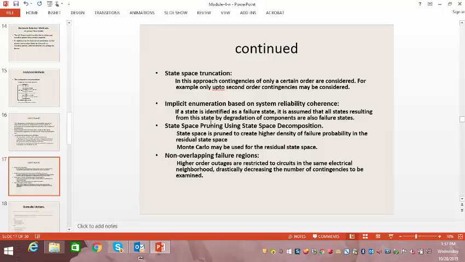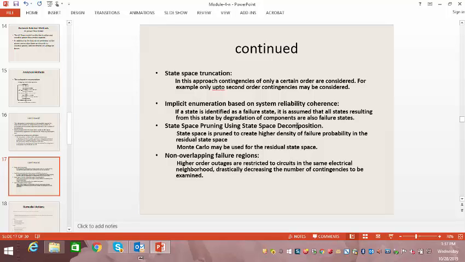Then there is a method called state space pruning. Here we take away the states which can be easily identified as success states, and in this way we enhance the probability of failure of the residual state space.